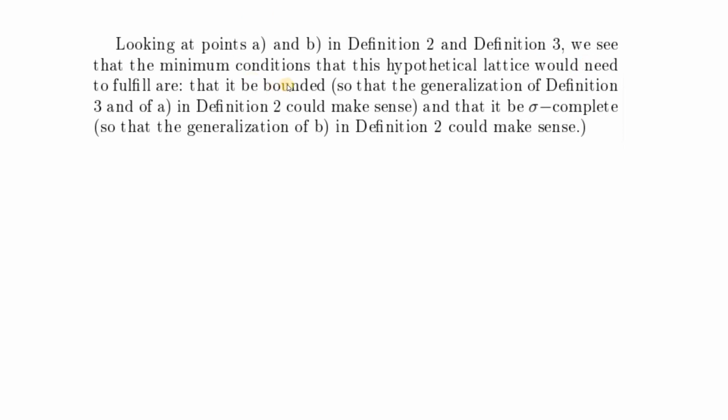It will need to be bounded so that we have a minimum, so that the probability applied to that minimum is 0, and it will need to be sigma complete so that the measure, when you apply it to the infinite OR operator, gives us a convergent sum of the measures of the individual elements.